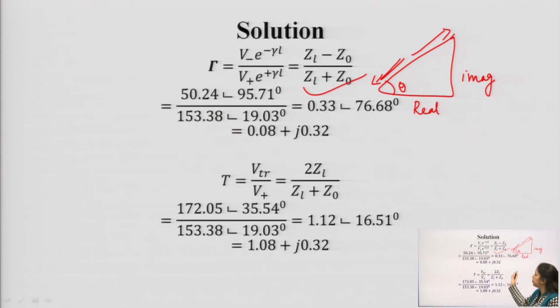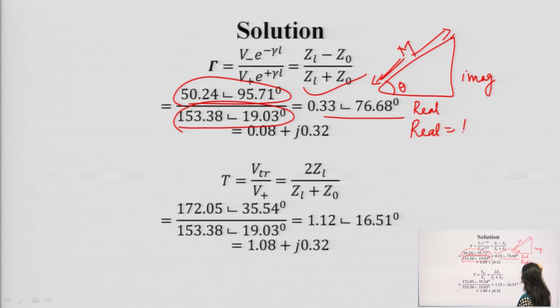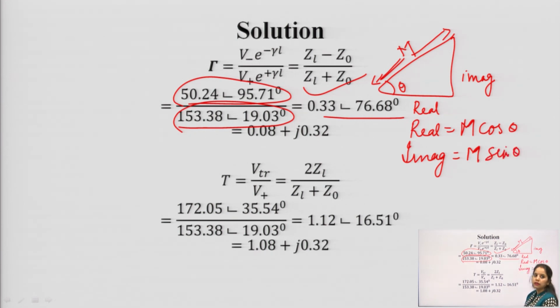From this relation we were able to calculate first the expression of ZL minus Z naught in the phasor form and ZL plus Z naught in the phasor form, and then we get the result. Again we have to transform this into the real and imaginary parts. We use the relation that the real part is equal to the magnitude m cos theta and the imaginary part is m sin theta, and we were able to receive this answer.